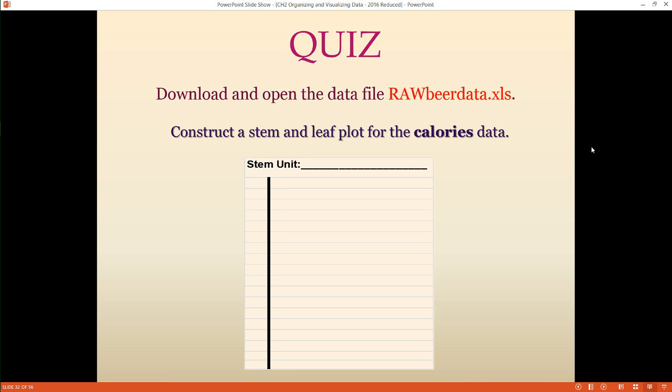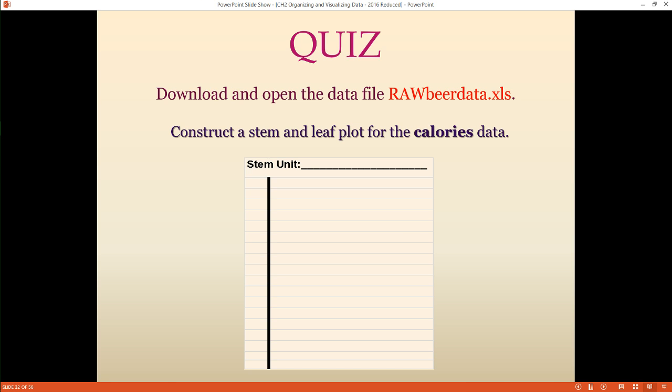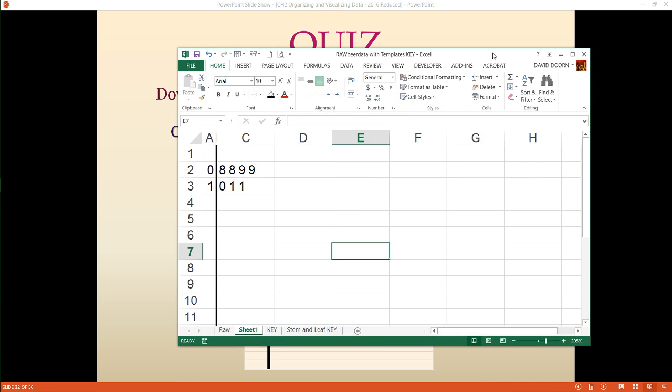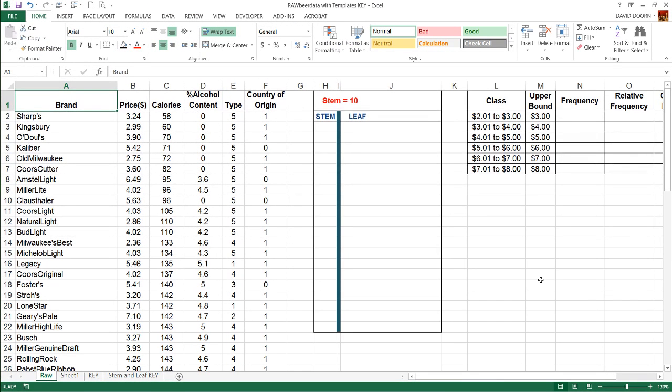So first a quiz. So you should do this. Open rawbeerdata.xls. Get the one with the templates in the folder. Same one we started with yesterday. It looks like this, in the topic 1 and 2 folder, whatever it's called. So we have the raw beer data with templates.